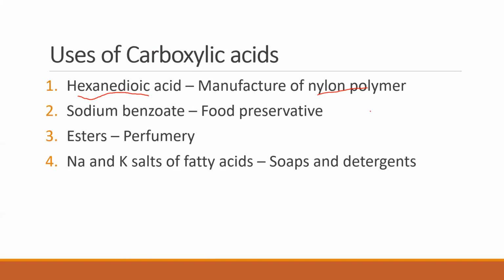You'll understand how it happens, or what the reaction is, when you come across the chapter called polymers. So nylon 6,6, which is extensively used by us, is formed because of one of the starting compounds, which is a carboxylic acid, hexane dioic acid.